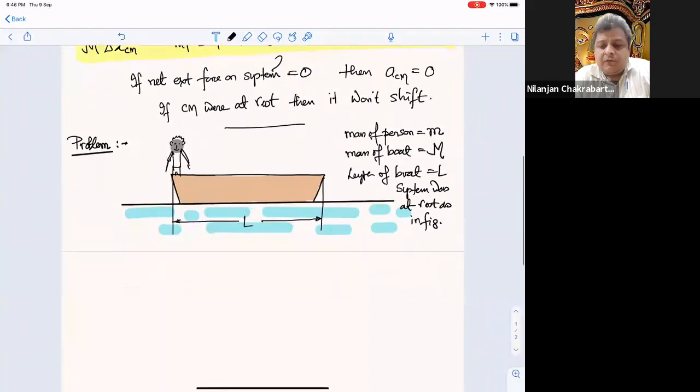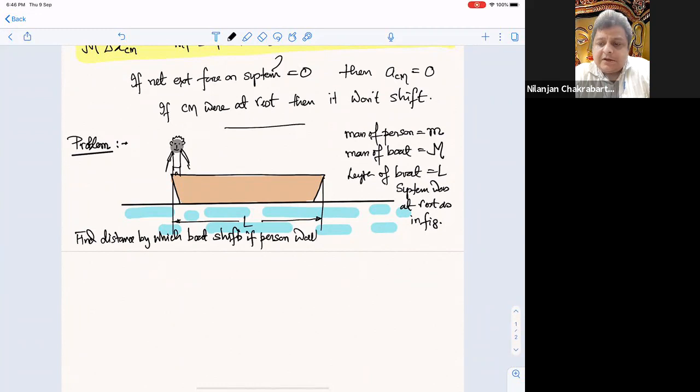Now find the distance by which the boat shifts if the person walks to the other end. Other end of the boat.